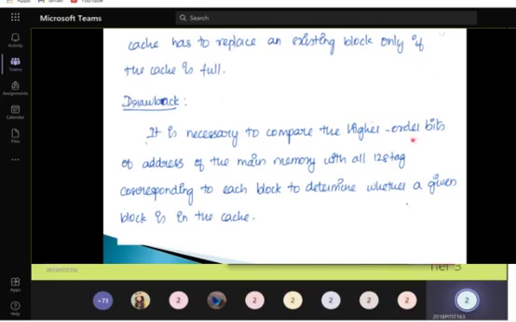So I need to compare the higher order bits of the main memory address with the 128 tags, one corresponding to each block, to determine whether a given block is in the cache. Then only will that particular block data be fetched from the cache, and all the writing and calculations I need to do will be performed.